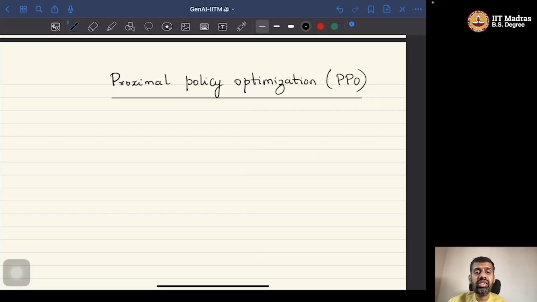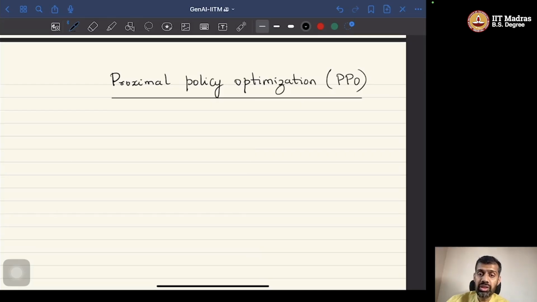These are the two very popular algorithms that are currently used for aligning autoregressive language models to a particular preference that is given by humans or verifiable data.